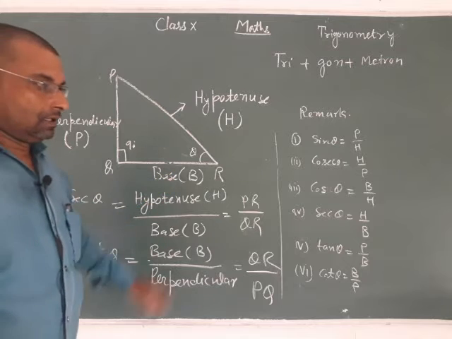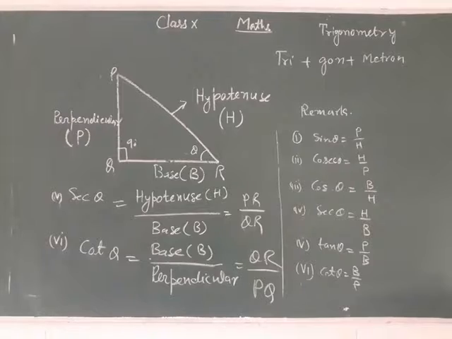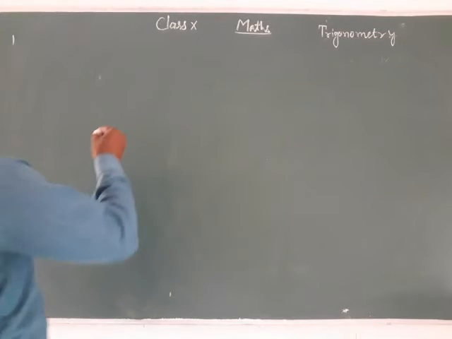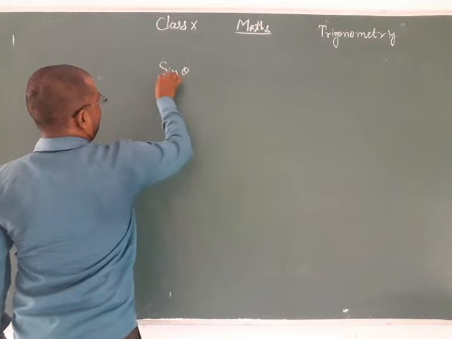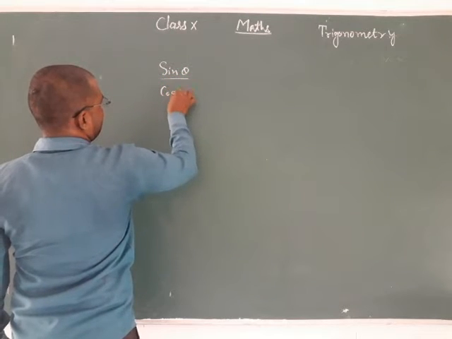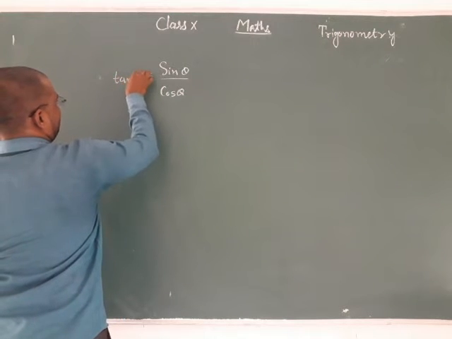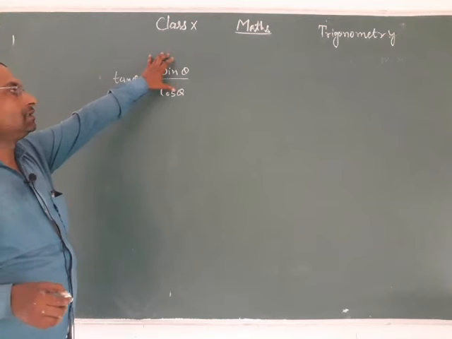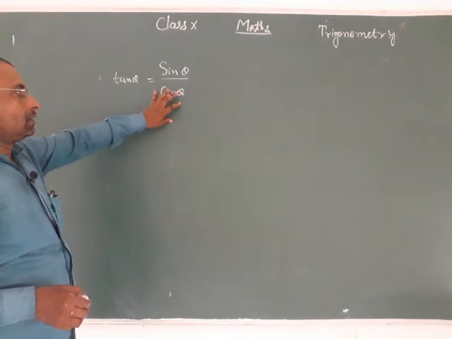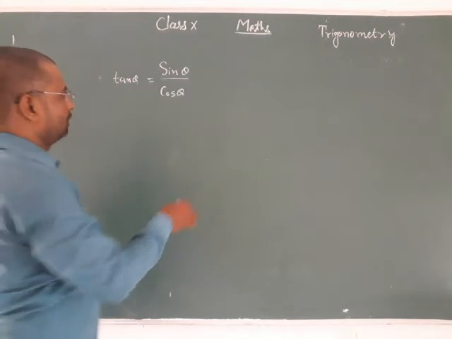Also, sin theta upon cos theta is equal to tan theta. This ratio of sin theta and cos theta is known as tan theta.